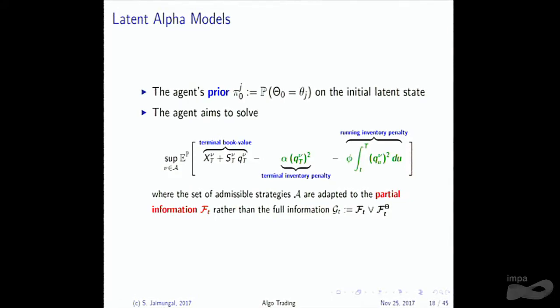And you can show that that's equivalent to having this kind of running penalty. So the key trick here is that nu is adapted to only the partial information F and not the full information G, which incorporates as well the state of theta. Okay?